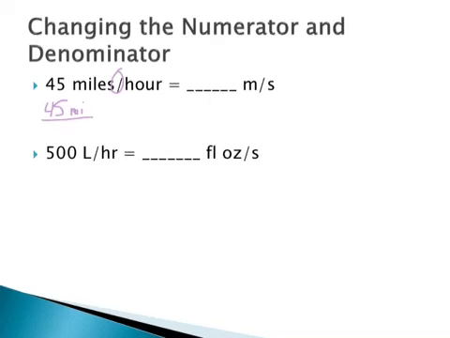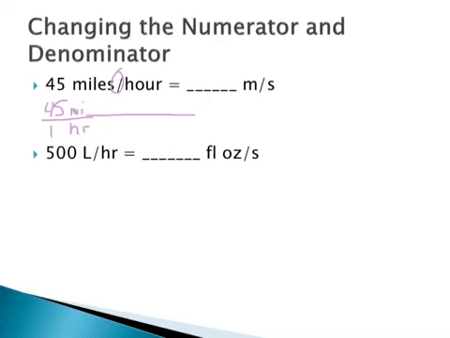Okay, so it's 45 miles divided by hours. Now, when I say per hour, that means for every 1 hour. So I'm going 45 miles every 1 hour. So you can write your denominator as 1. Okay? Now, this method, the bracket method, when doing both numerator and denominator, makes it a little easier to see.